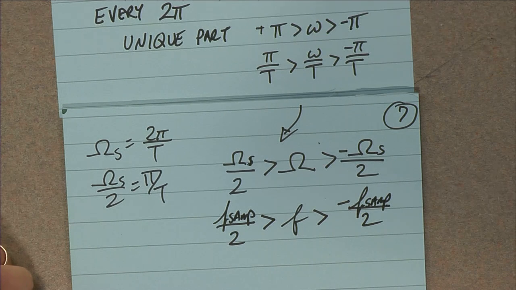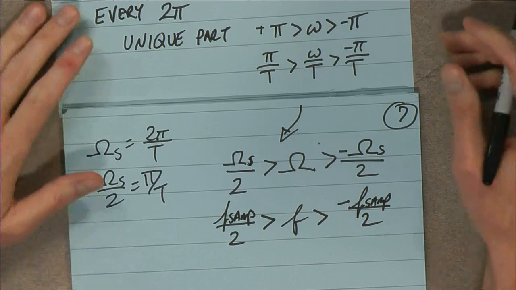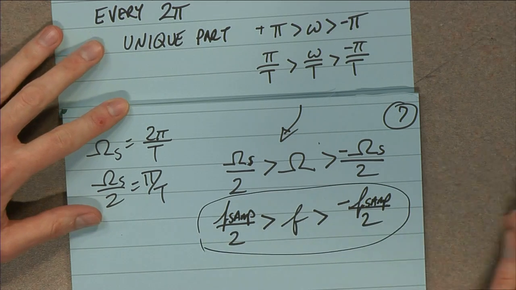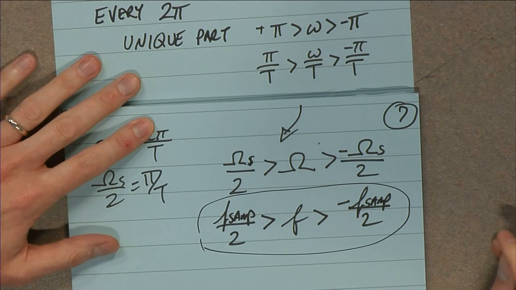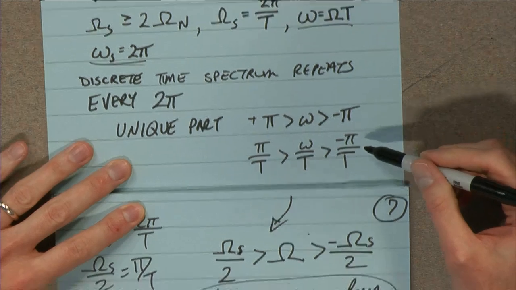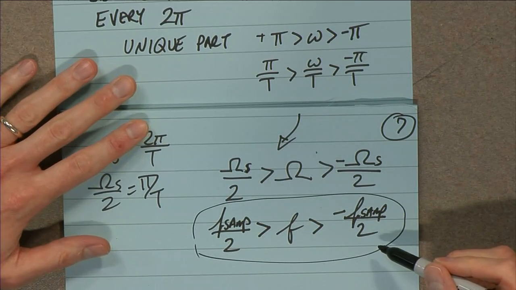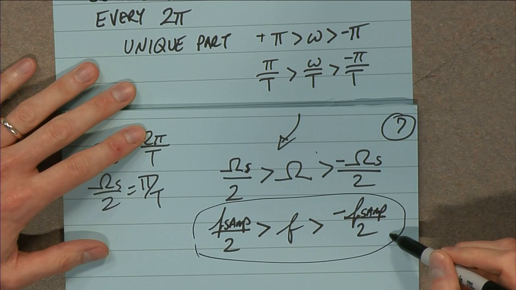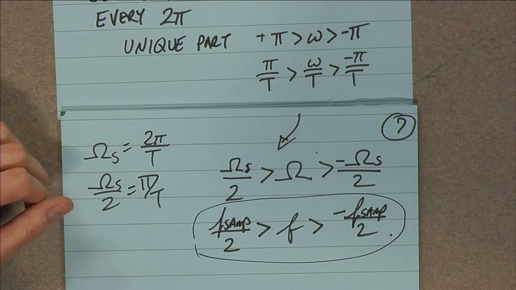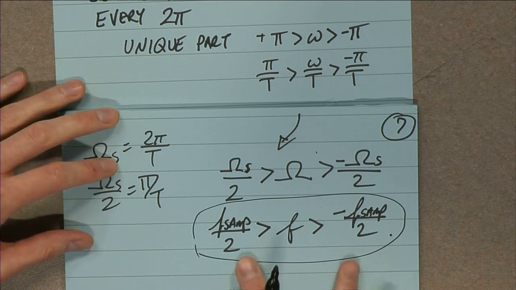So all the frequencies that are coming into our system are going to be aliased between minus f samp over 2 and plus f samp over 2. And how did we get there? We got there because we know that all the frequencies have to be here, and just by scaling arguments, it's going to have to end up here. So as frequencies, wherever they are, they're going to end up, once we're sampled, between these two, minus f samp over 2 and plus f samp over 2.